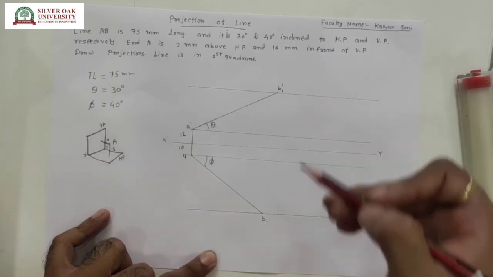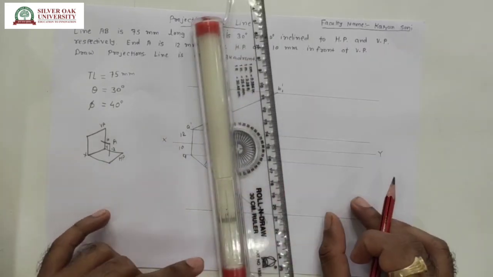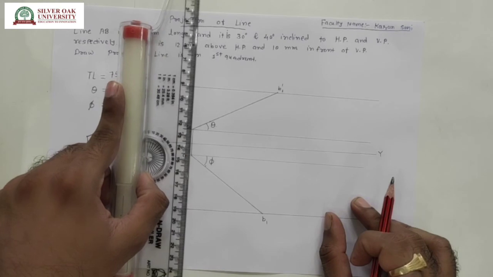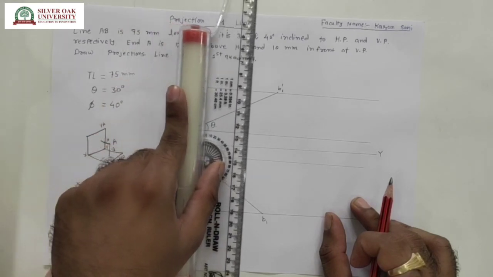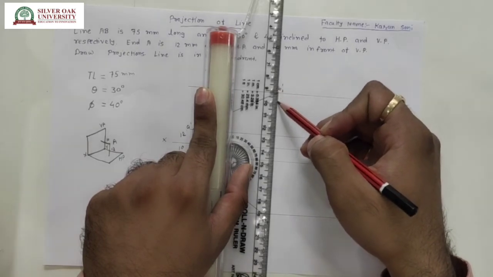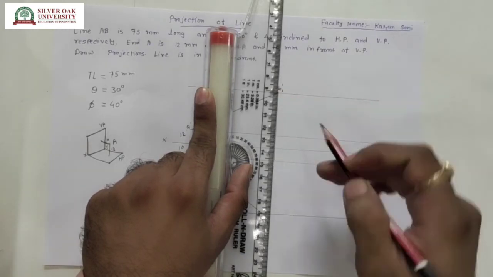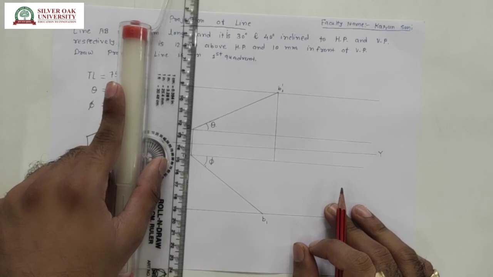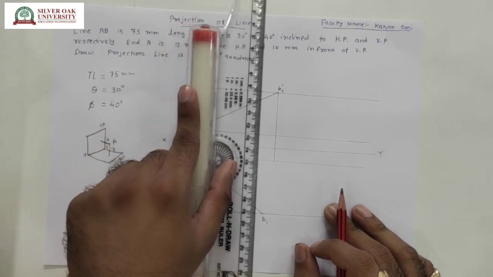Now from the point B1 dash I can draw the extension line up to point A. So here you can see from the point B1, this is the extension line up to point A. Same I can draw the extension line from the point B1 dash.